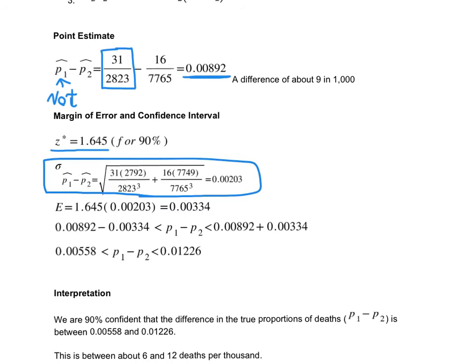If we leave our proportions in fractional form, and I take 31 divided by 2823, which is P1 hat, and I multiply that by 2792 over 2823, which is Q1 hat, or 1 minus P1 hat, and I divide that by the sample size, N1, 2823.